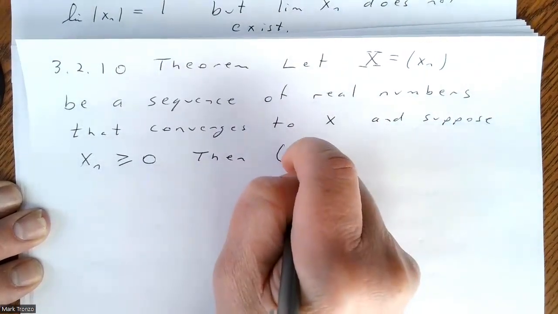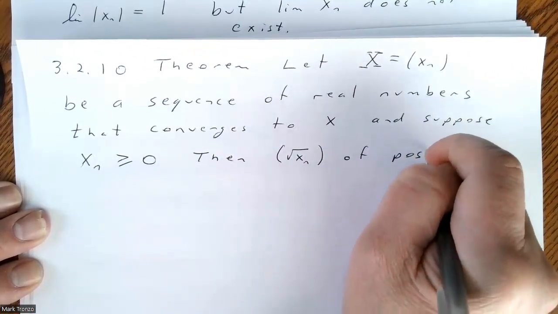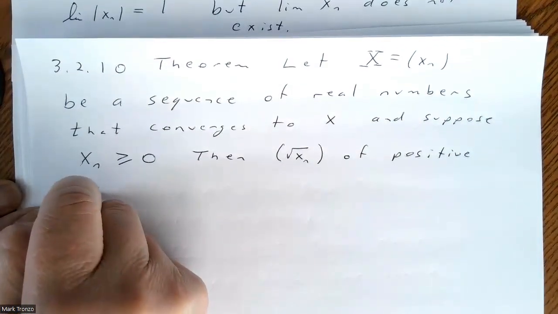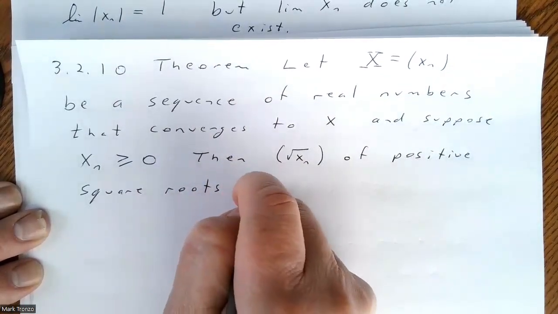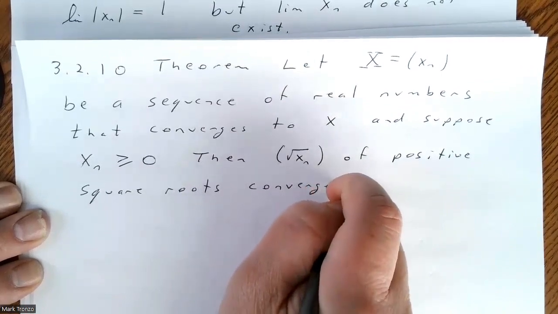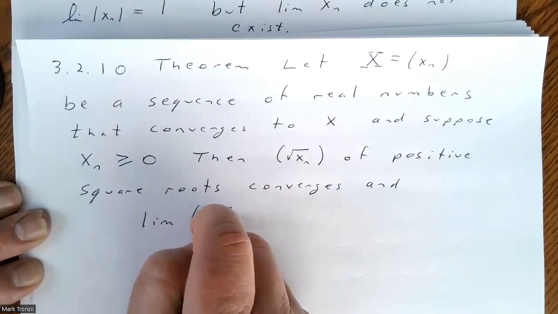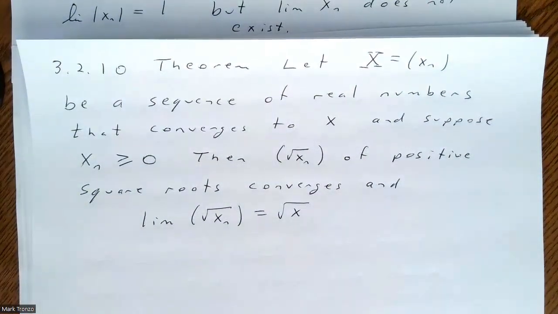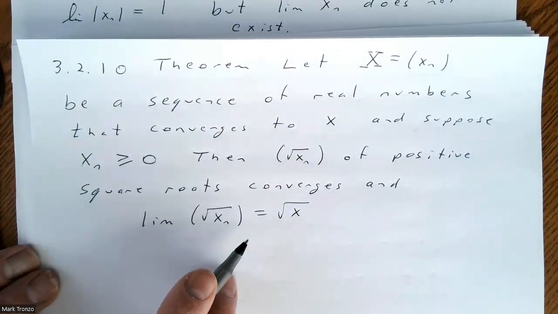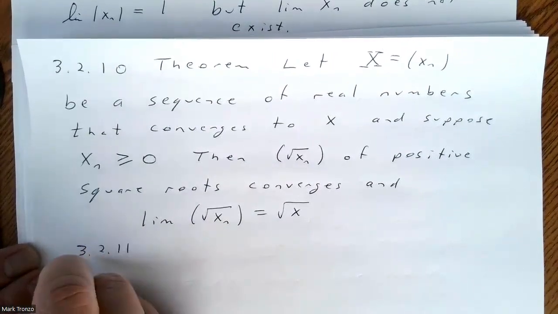Then the sequence of positive square roots converges, and the limit of that is equal to the square root of X. So if the limit exists and the terms are all positive, then the square root of the terms also have a limit, and it's going to be the square root of that.